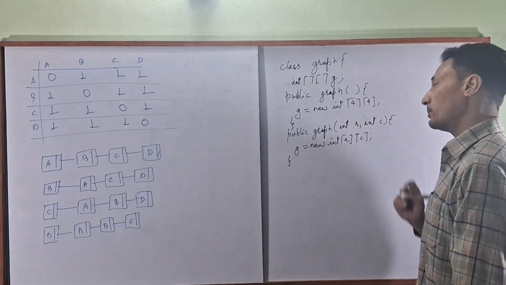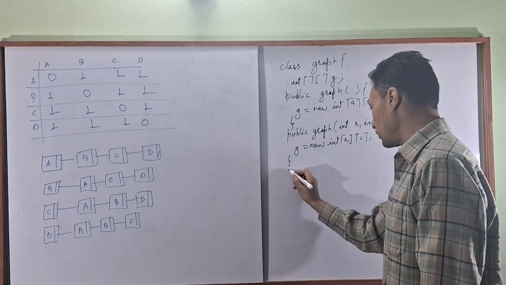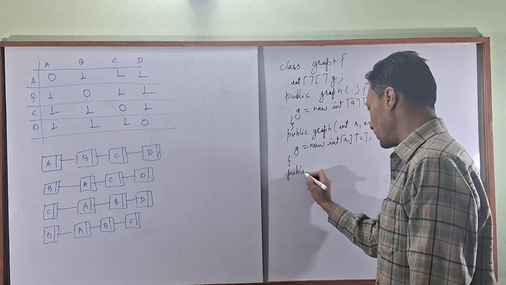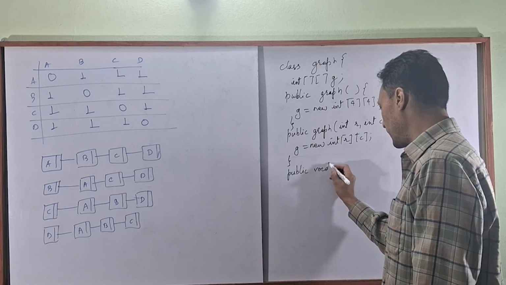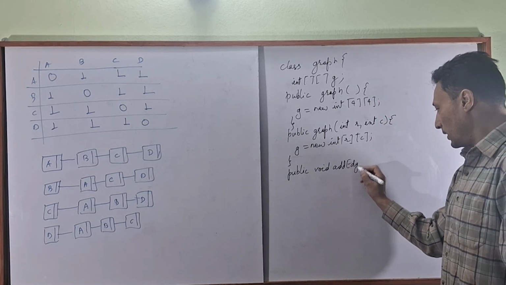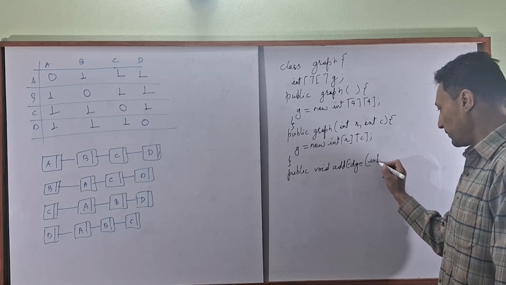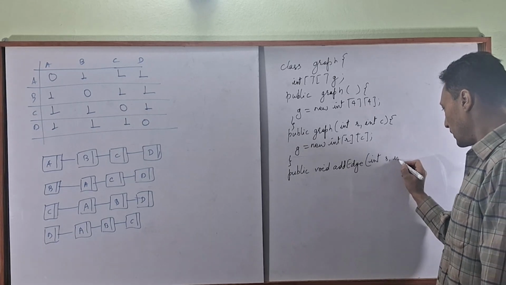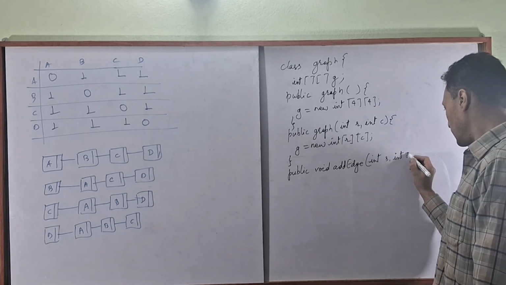Now what we can do, we are supposed to define a function to add the edges. Void add edge. Now we have to specify the vertices, int source, int destination.